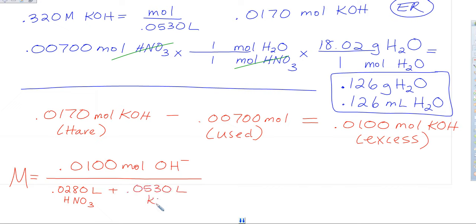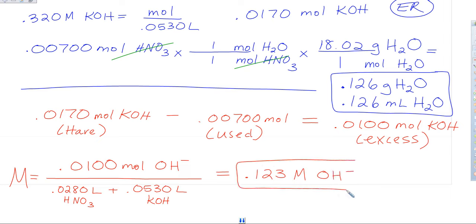If they don't, you can always assume that when you combine those two solutions, you can just add the volumes. Now, technically, we're maybe forming some water, and so maybe the final volume would be a hair less, but it would be so small that you wouldn't even be able to measure the difference in the lab. So we can always assume that the volume is additive. And then we plug this in our calculator, and we say 0.123 molar hydroxide. There's the concentration, the molarity of the excess hydroxide ion.